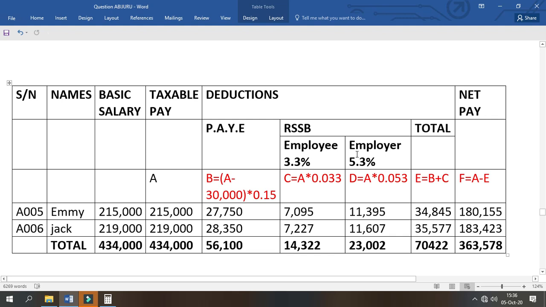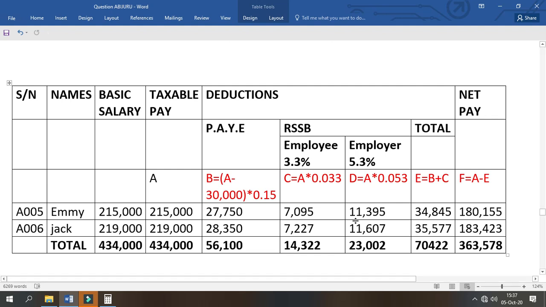This means 3% the employer contributes to the Rwanda Social Security Board on behalf of the employee in the pension branch, and 2% of the taxable pay in the occupational hazard scheme, and 0.3% in maternity leave.